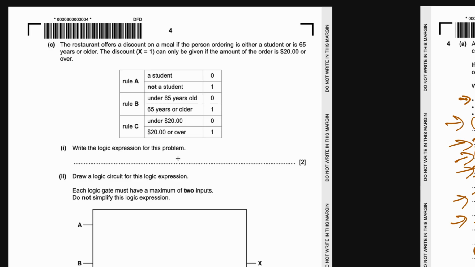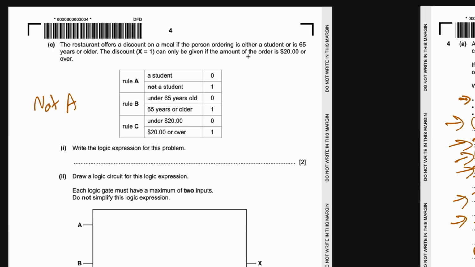Okay, so basically, if the person ordering is either a student, right? So a student means NOT A. This is A. When A is 1, it's not a student. When it's NOT A, it's 0 and it's a student, right? So NOT A, right?